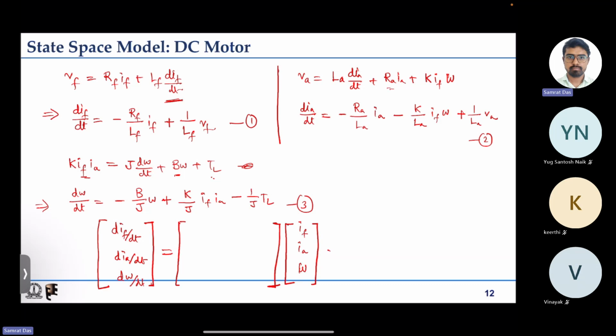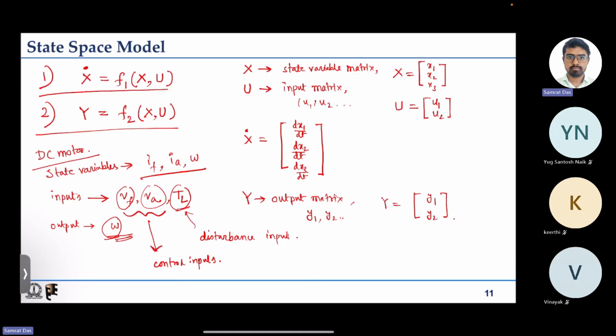So this becomes the matrix representation. It may not be possible for all systems to be represented in this matrix form.